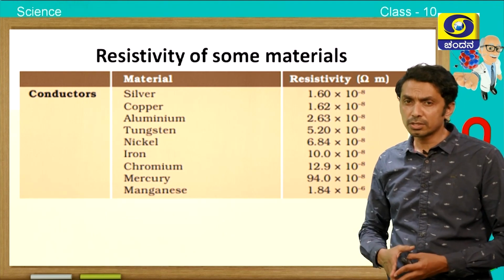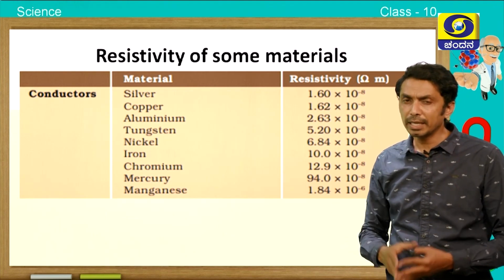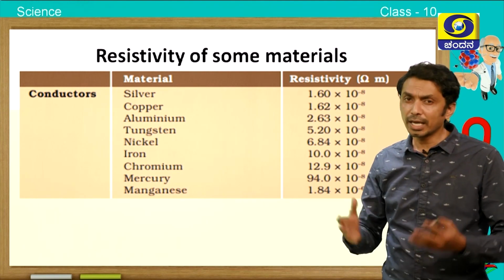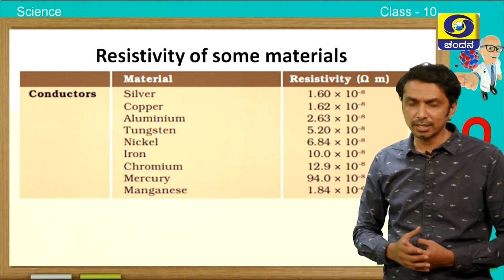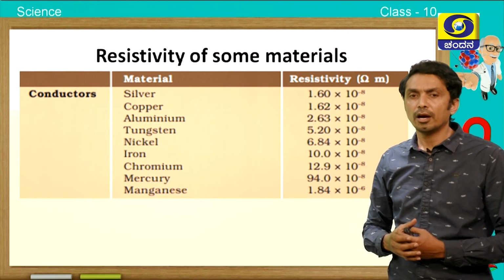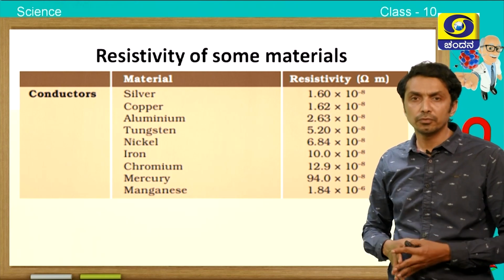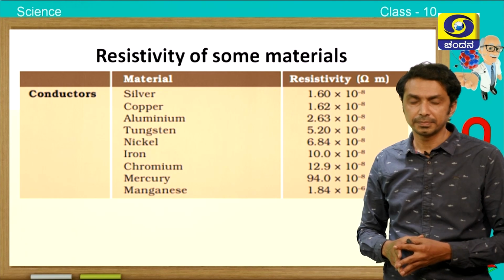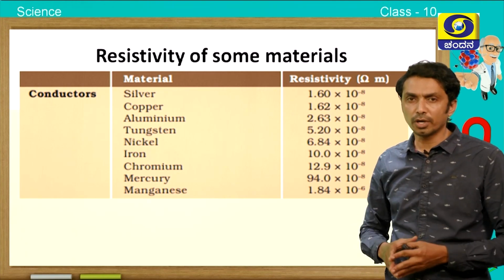So I just told you that by making note of the electrical resistivity of any two conductors, we can take a decision which is a better conductor among these two. Now my question to you children is, among copper and iron, which do you think is a better conductor? Yes children, you are right.